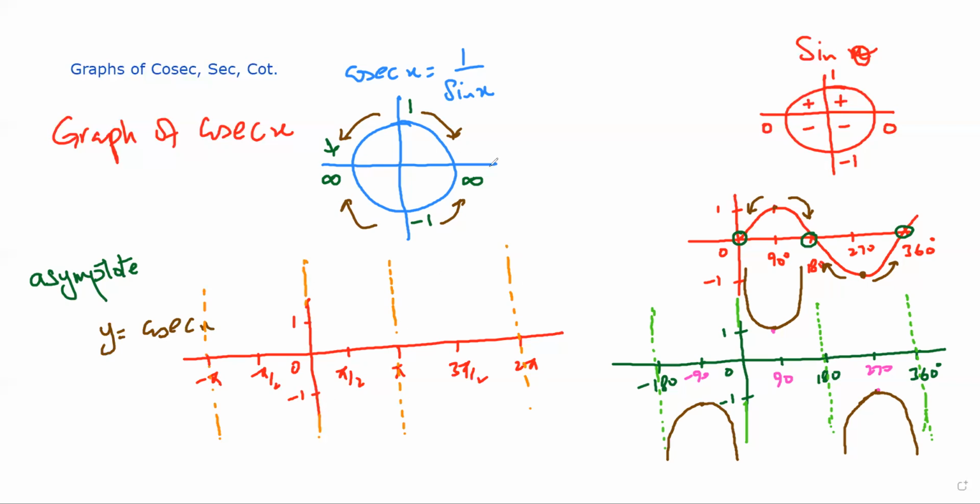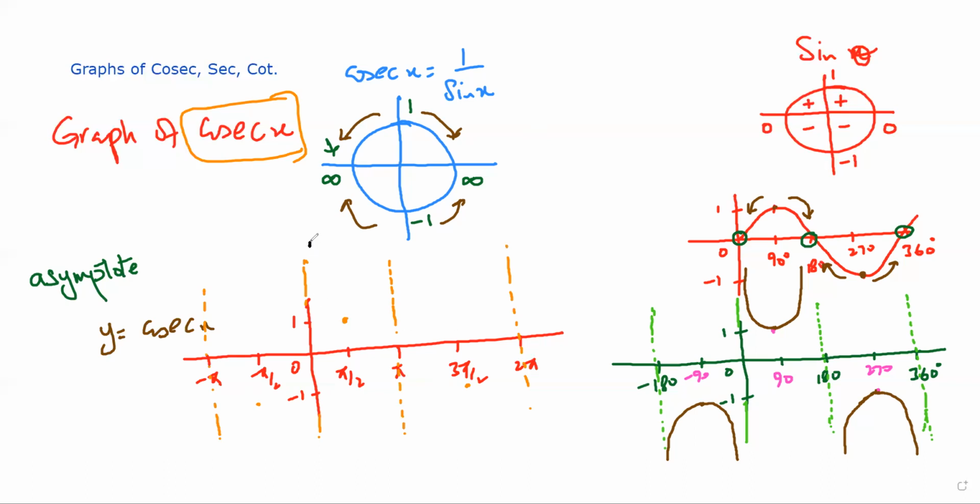Luckily, there are not many variations in these functions. You simply need to learn how to sketch cosecant x. Here it is 1, here it is minus 1, here it is minus 1, and this graph should look like this. Let me choose a better color, maybe black this time.